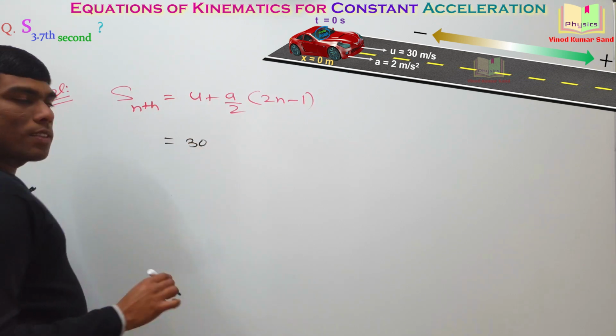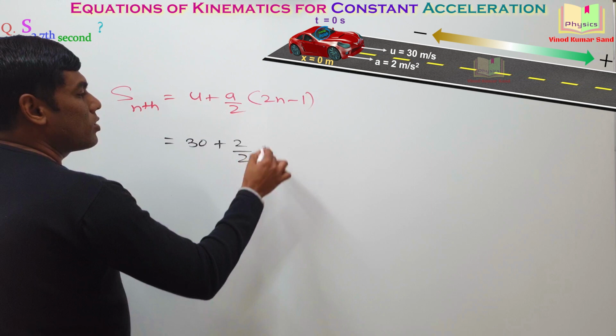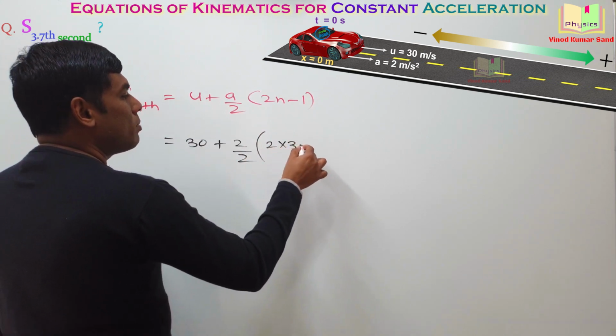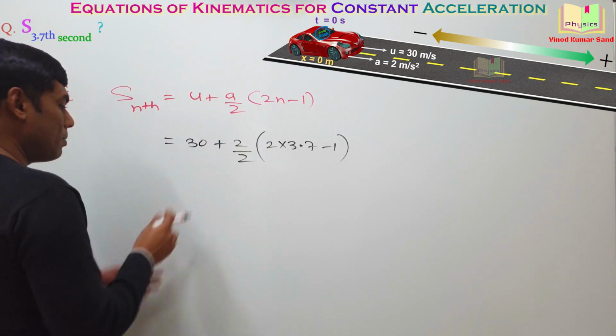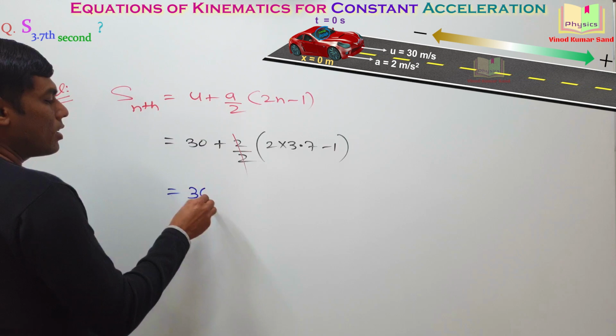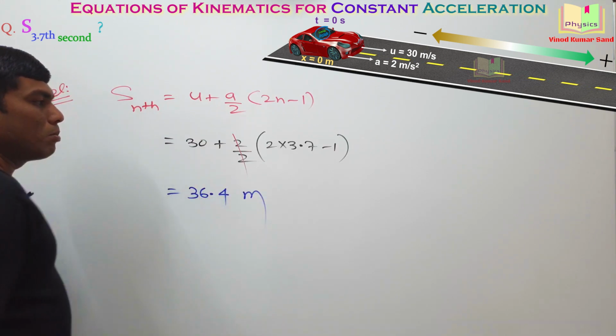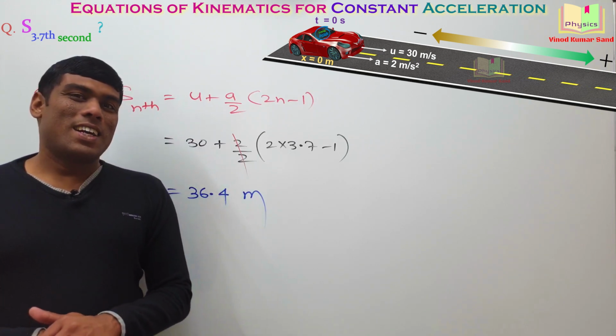U is given as 30. We are choosing this direction as positive. Acceleration is 2. N is 3.7 and then minus 1. Simple computation. It will come out to be 36.4 meter. Okay. Note it down.